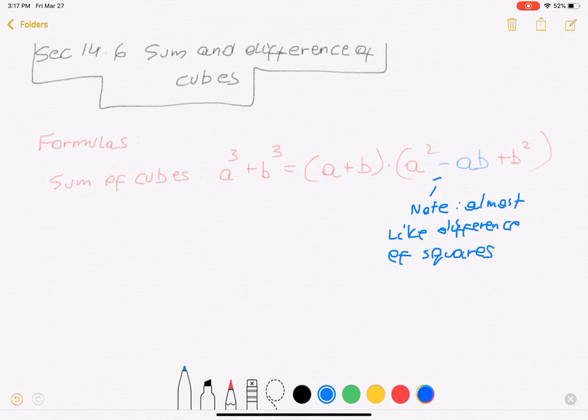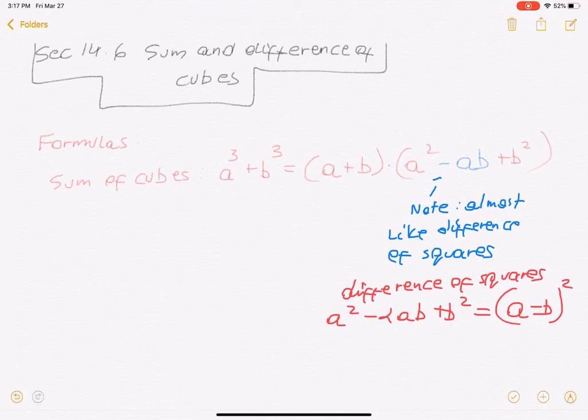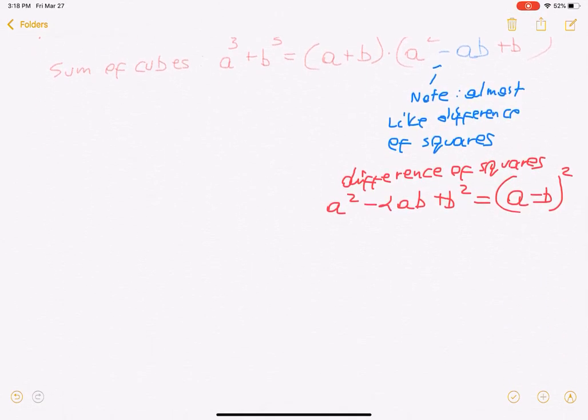Okay, so difference of squares, you had a squared minus 2ab plus b squared. And that was a minus b to a second power. That's what I'm relating to it. Here we don't have that 2. Okay, so that was sum of cubes formula.